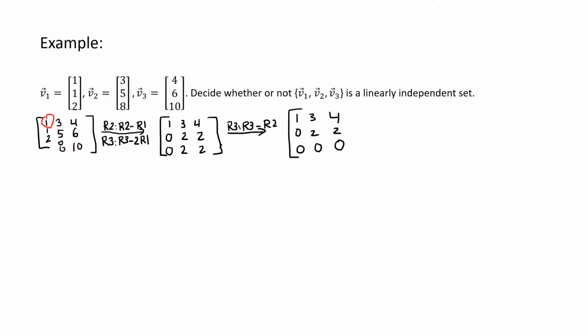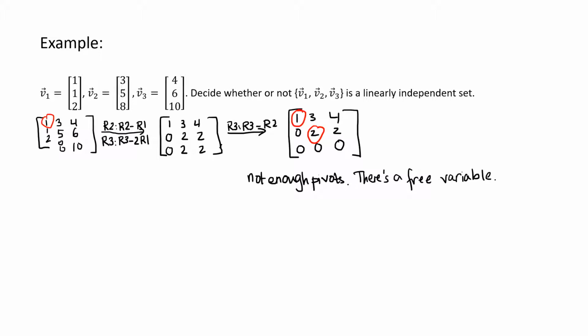Okay, so there's a pivot in column 1, in column 2, but not one in column 3. We see there are not enough pivots, so there's a free variable. Our final variable is free. And what that means is that we're going to have non-unique solutions. So this means that our set is linearly dependent.